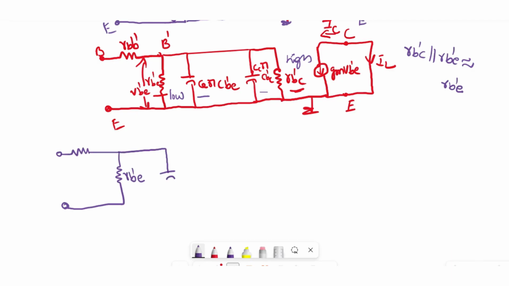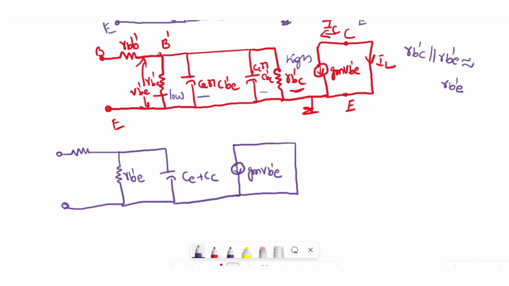Only one capacitor I am keeping, that is Ce plus Cc. Here you have this current source gm Vb'e. So this is the final circuit.